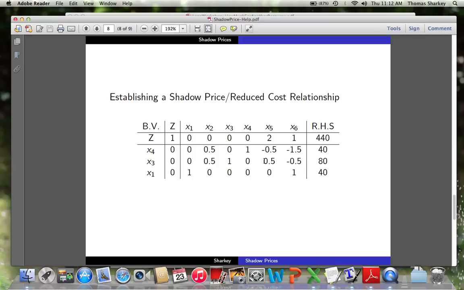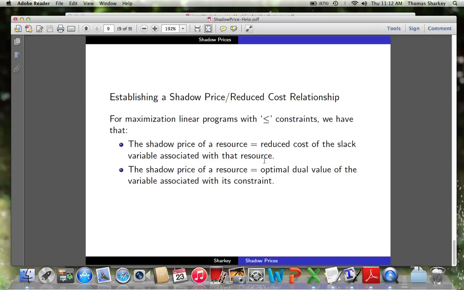Ultimately, we've discussed the intuition that if I have a maximization linear program with less than or equal to constraints, the shadow price of a resource is equal to the reduced cost of the slack variable associated with that resource within the optimal final basic feasible solution.